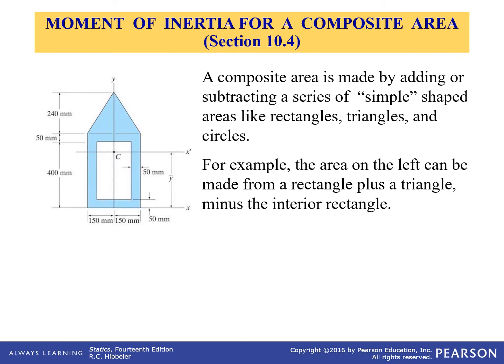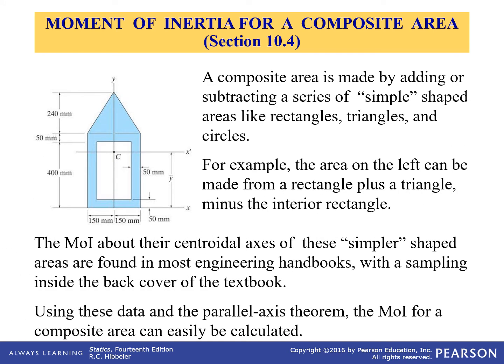Moment of inertia for a composite area. Just like with centroids, when we have known shapes, we can do the same sort of process. We build a table with the known shapes. In this particular example, we have a big rectangle, the blue one and the white one. We can subtract the white one from the blue one, and we have a couple of triangles up on top.